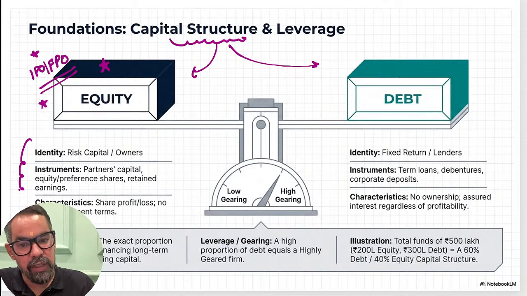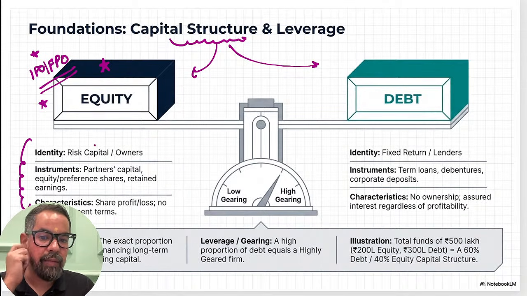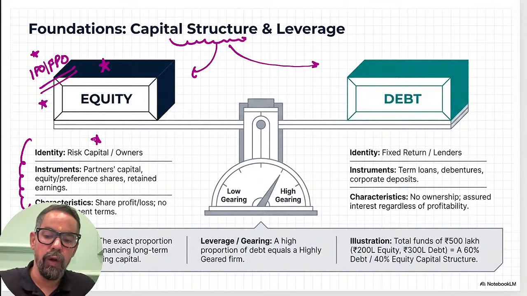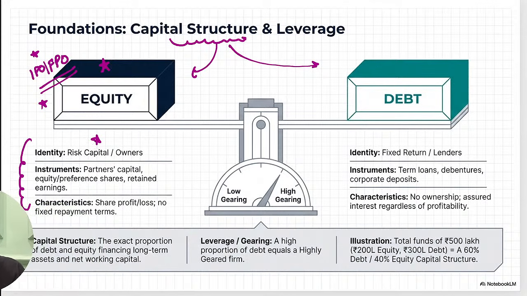So it is risk capital. Basically we are involving shareholders as owners in the business itself, and they become partners. It shares in the profit and loss account, so there is no fixed payment on this.